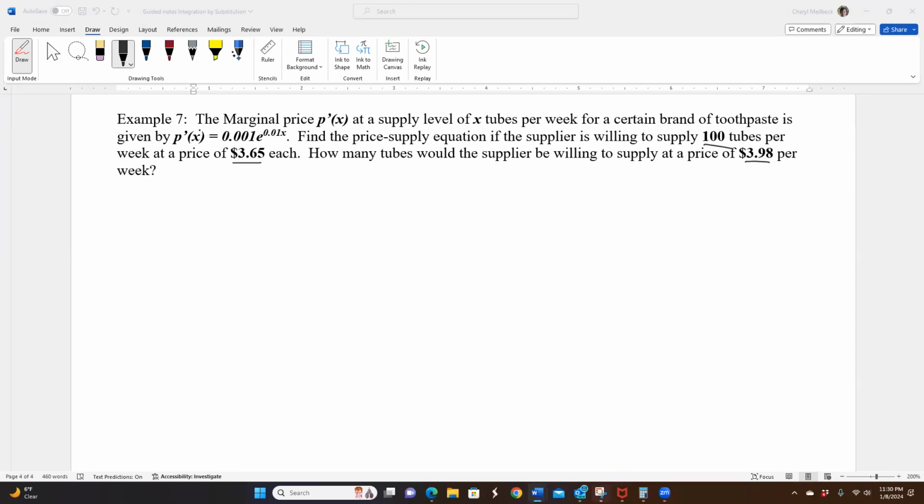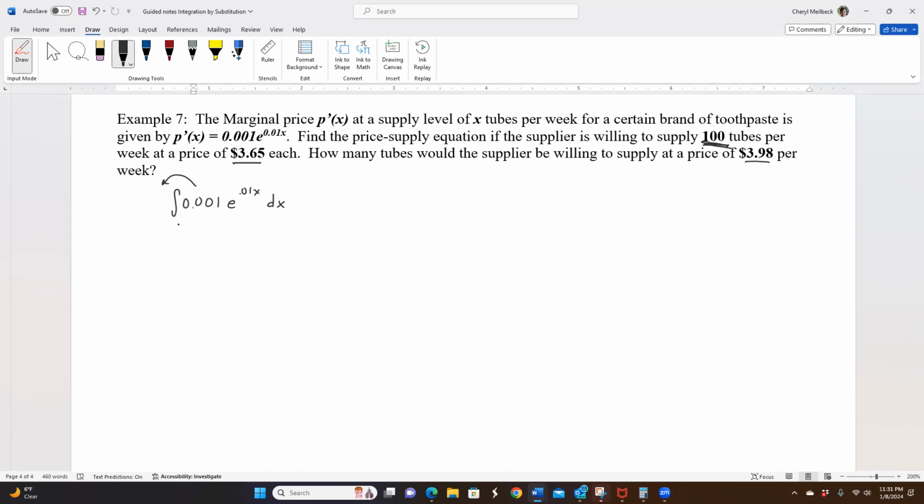So in this problem, they're giving us the derivative function of price, and we need to integrate that to find the price function. And we'll find C by using the fact that when you have 100 tubes, so when x is 100, the price will be $3.65. So let's start by integrating this function, 0.001 e to the 0.01x, with respect to x, so we'll throw that in there.